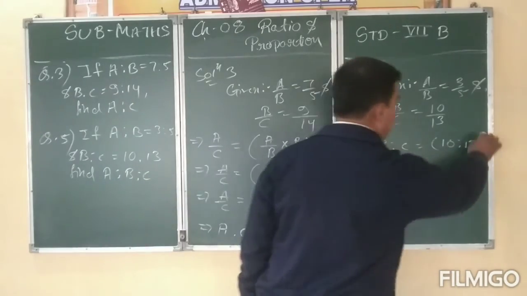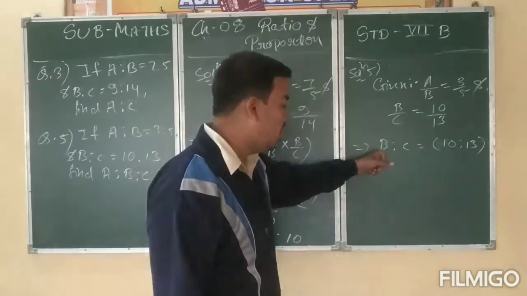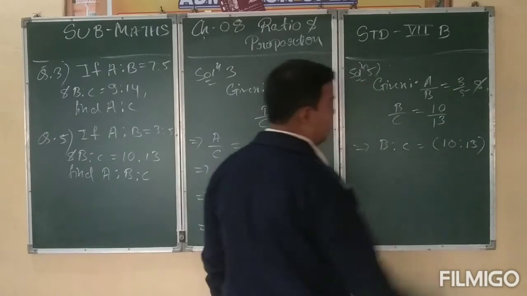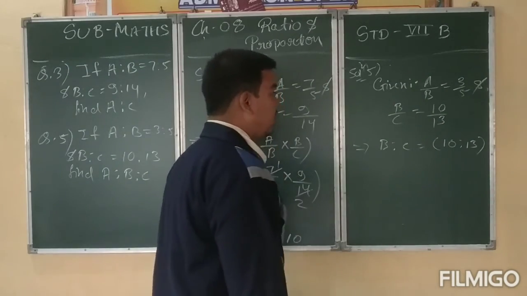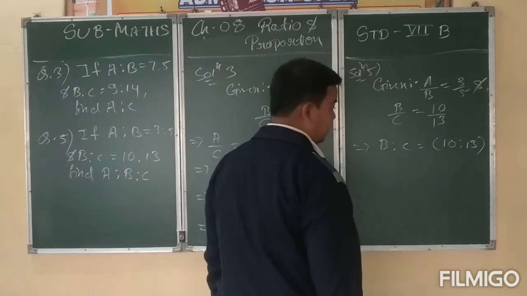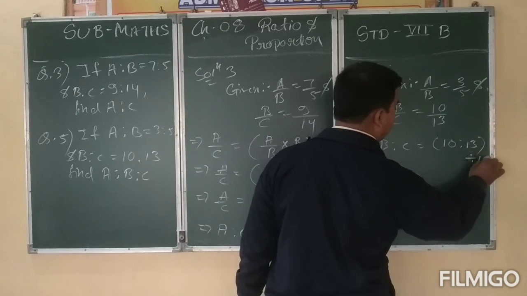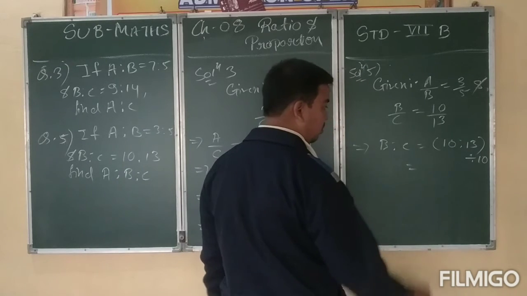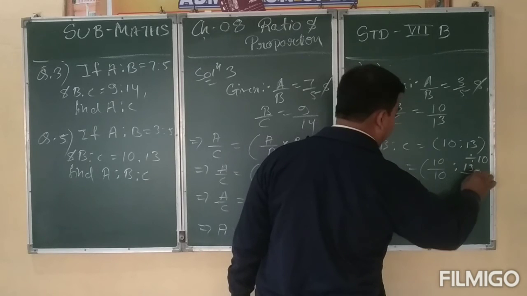First of all, we equalize the B term. Because now see, here B value is 10, here B value is 5. So 5 and 10. So first of all, divide this ratio by 5. So 10 on the 10 means 10 by 10, ratio 13 by 10.